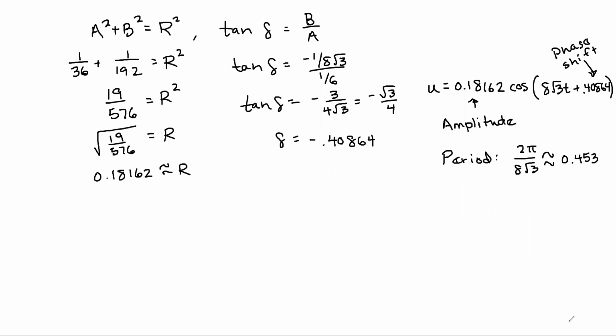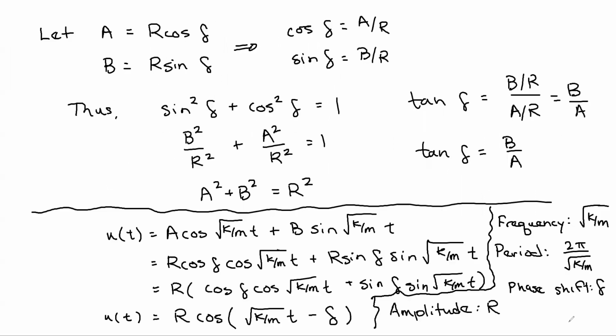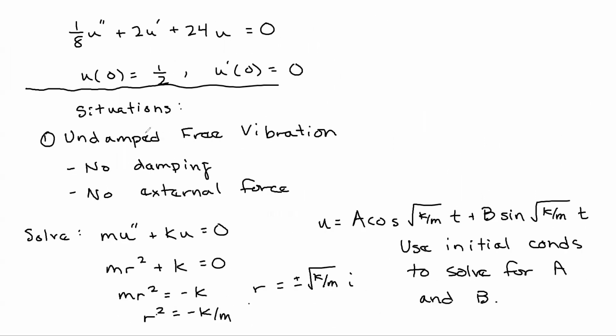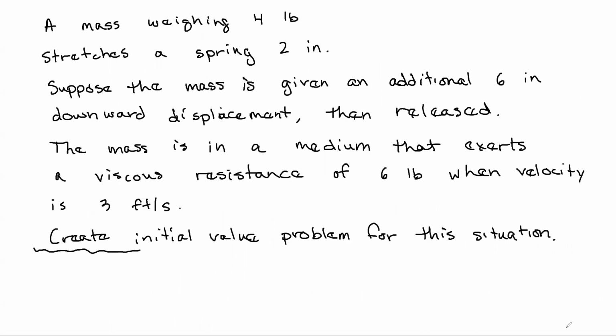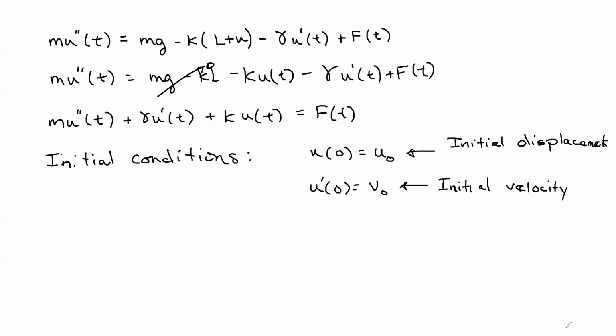So our first situation that we look at is all the way back here: undamped free vibration, no damping, no external force. Just taking that information, plugging that into our previous model that we constructed all the way back here.